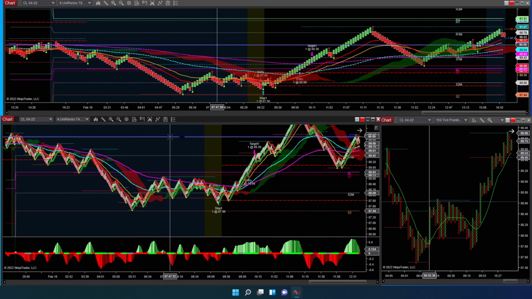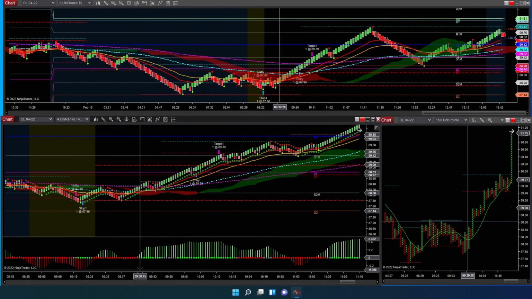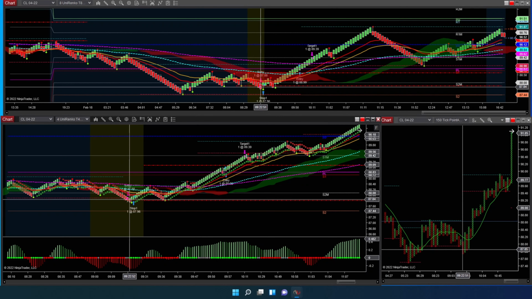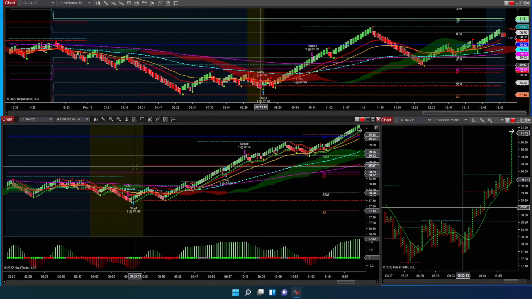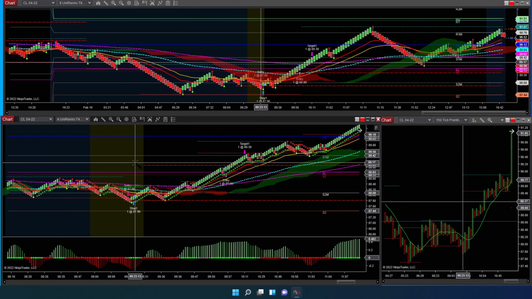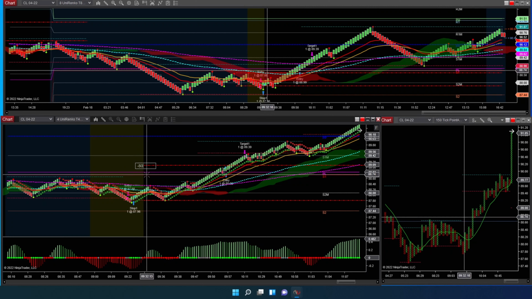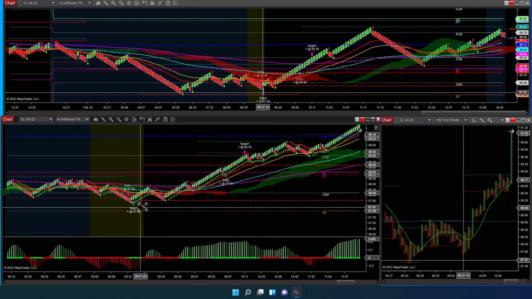So let me expand this a little bit more so we can see the trades right there. So I took a short right there and failed. So it was stopped out for an $80 loss. Actually, minus $80 loss right there.